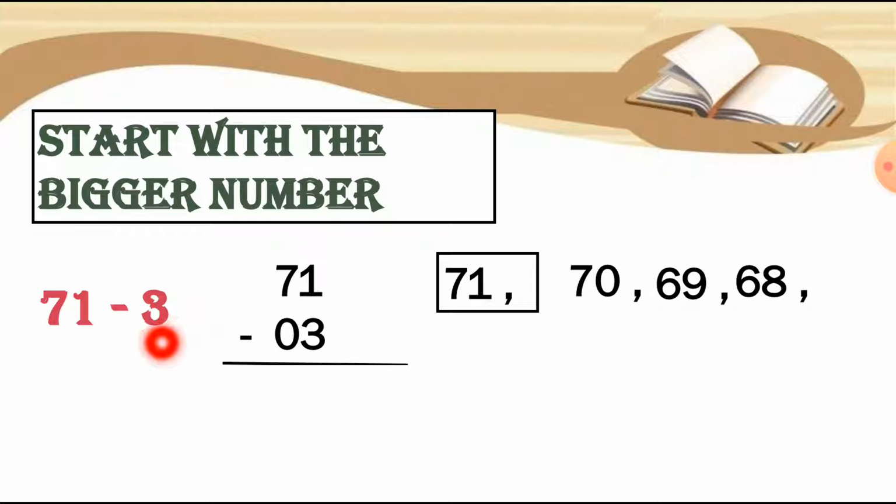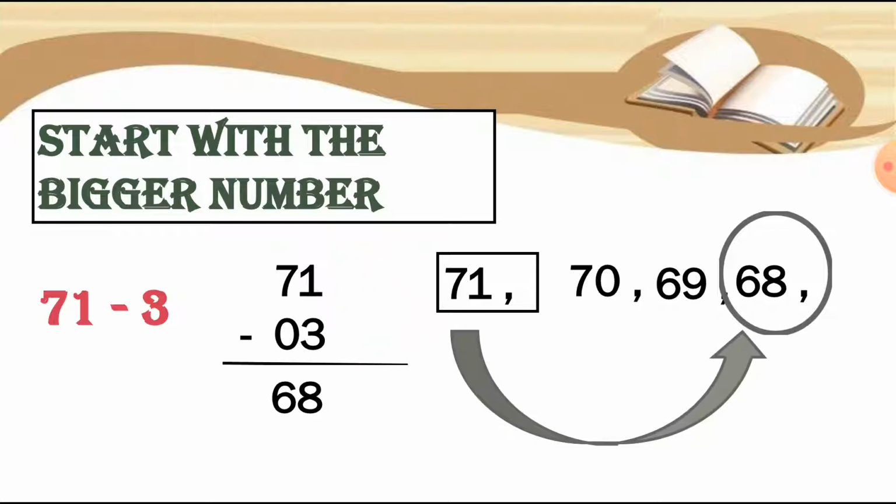As here are 3 numbers, we have to move back just 3 steps. 68 is the third step, so our answer is 68. If you cut 3 from 71, you will get the answer 68. This is the shortcut method to subtract the number, and in this way we are just counting back.